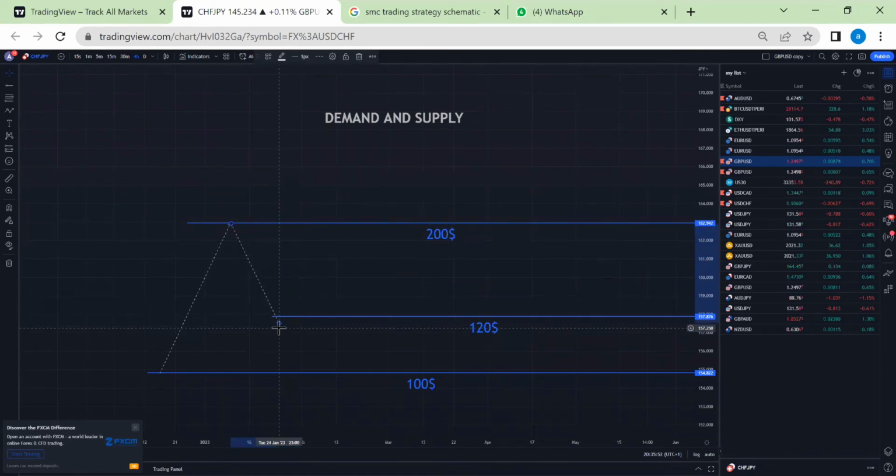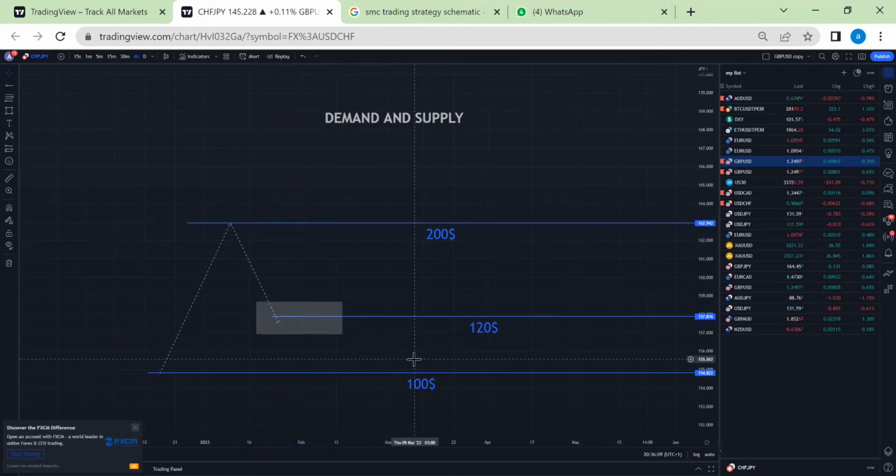Now, when the price reduces to this level, let's say this 120 now, more people will be interested in buying. So this point at which more people are interested in buying, you can call it a demand price, a price at which more people are interested in buying. So immediately more people are interested in buying again, according to the law of demand and supply, it moves up, right?